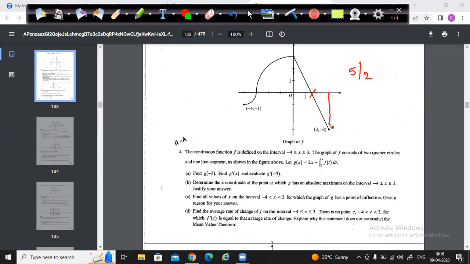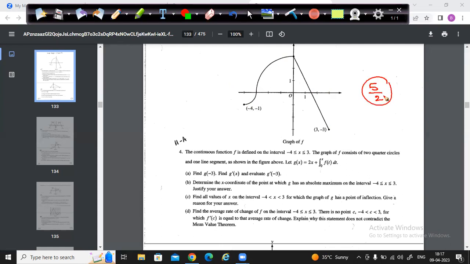The other points are 3 and minus 4. So now I just got a critical point, which is 5 by 2.